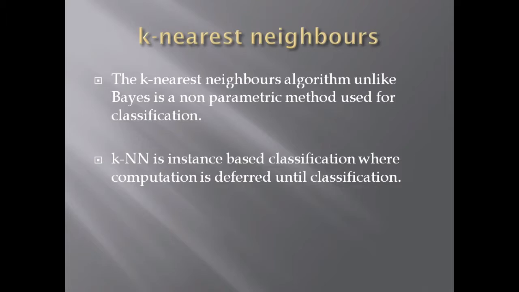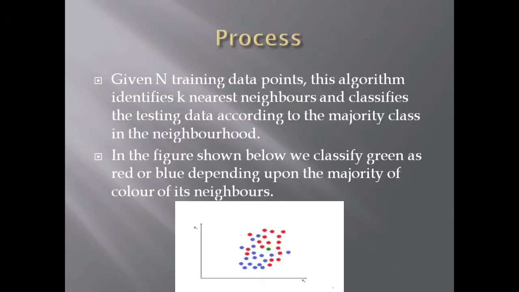The k nearest neighbors algorithm, unlike Bayes, is a non-parametric method used for classification, and it is an instance-based classification where computation is deferred until classification. Let's see how k nearest neighbors works.